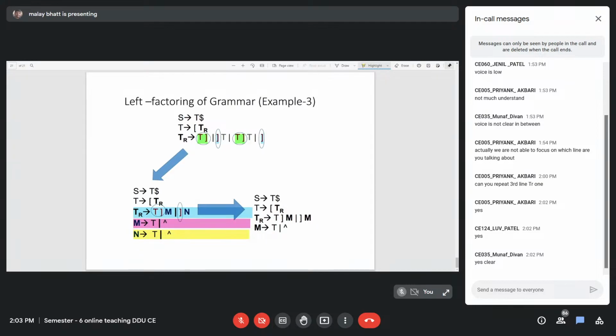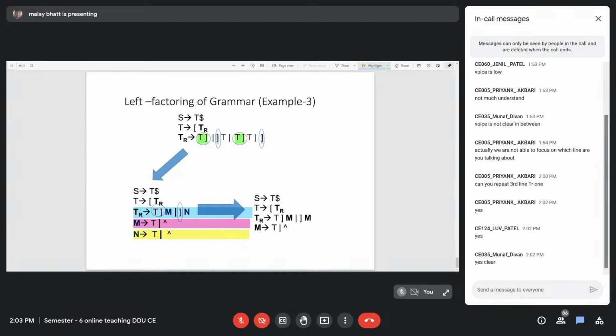Okay, so let us go to another topic. I'm sharing another slide with you now. So why are we doing left factoring? Keep that reason in your mind: we want to achieve determinism. We want a deterministic grammar, so that we always have one unique leftmost derivation.